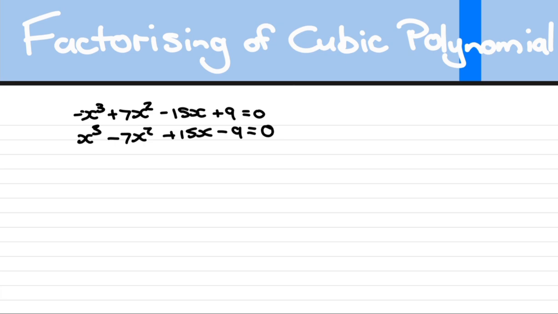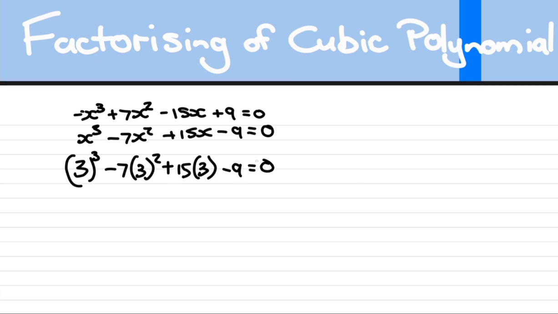So in this instance, I've tried a couple, but when I subbed 3 into x's value, I actually got 0. Okay, so that makes x equal 3 a factor.